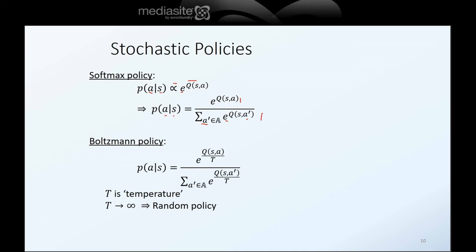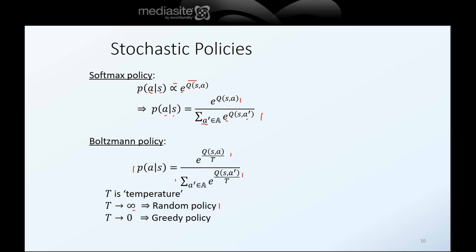So the numerator is 1, and the denominator is 1 for each term in the summation. 1 over the number of possible actions is the ratio. And so all actions are equally likely to be picked when T approaches infinity. So it's a random policy.